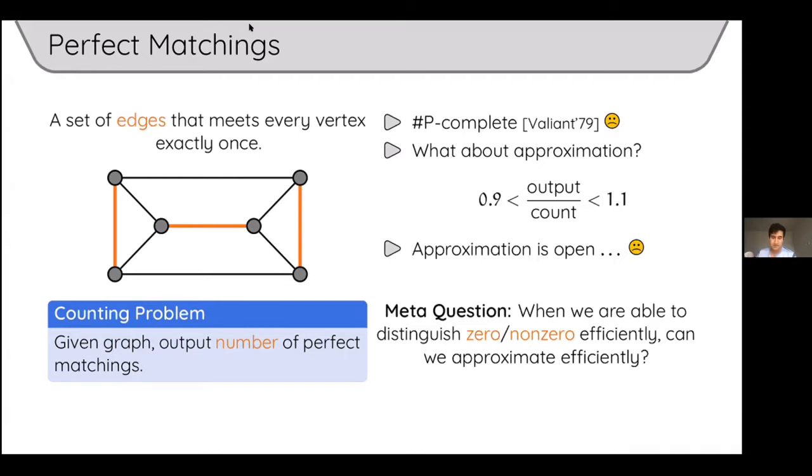So problems for which you can distinguish 0 versus non-zero are problems you can solve in P. The meta question is for which of those P problems can we get a better algorithm that doesn't just distinguish 0 from non-zero, but also gives you an approximate count as well. This is one of the major open cases of this meta question.